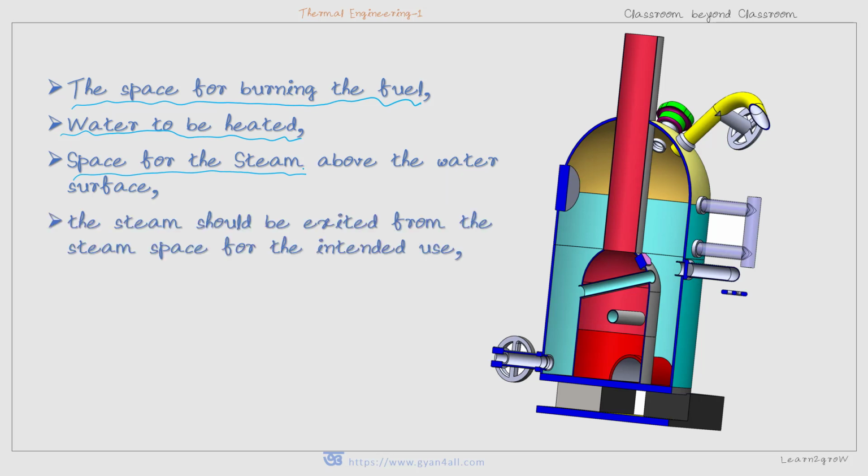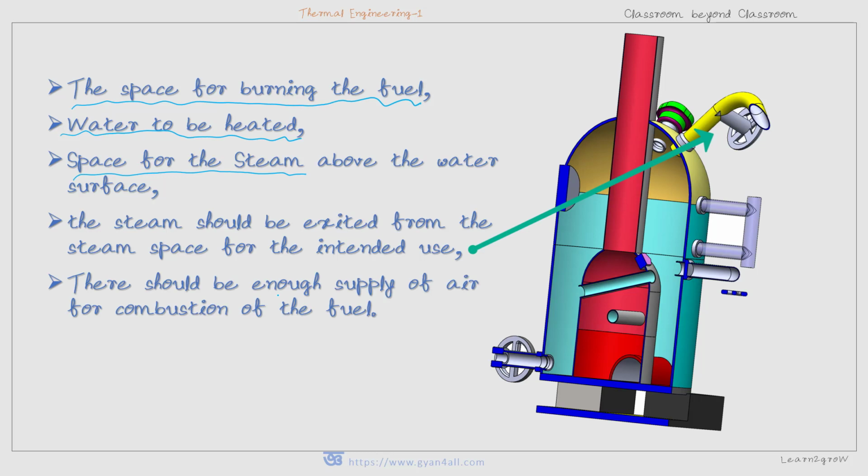The steam should be exited from the steam space for the intended use. There should be enough supply of air for combustion of the fuel, because if the supply of oxygen is good, then there will be complete combustion of fuel, and that will produce more heat, and more heat means more steam can be produced per unit time.